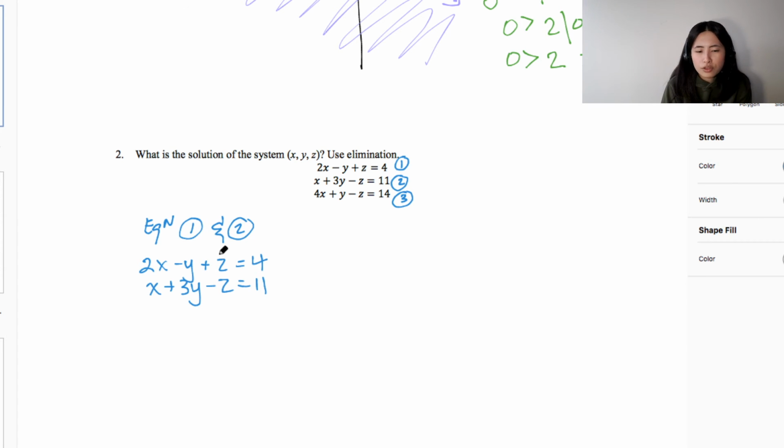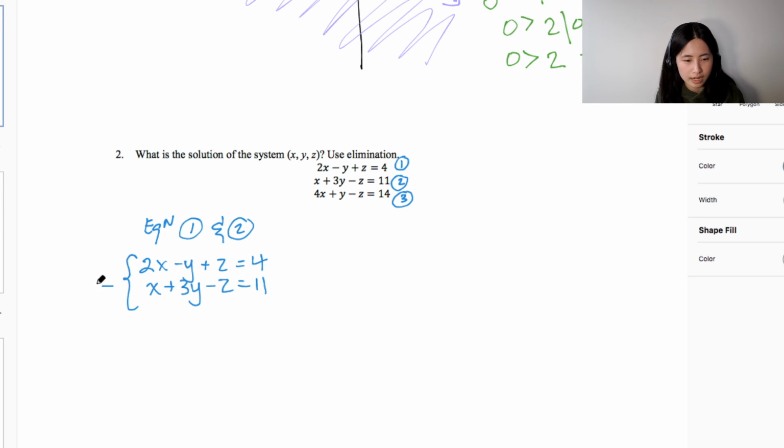Right off the bat, you can see that z has a coefficient of 1, so you don't need to do much to it, because you want to eliminate just one variable at a time whenever you're using two equations. So let's try to eliminate z.